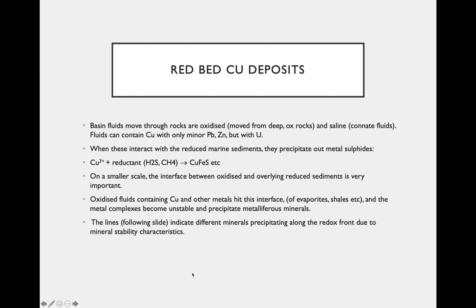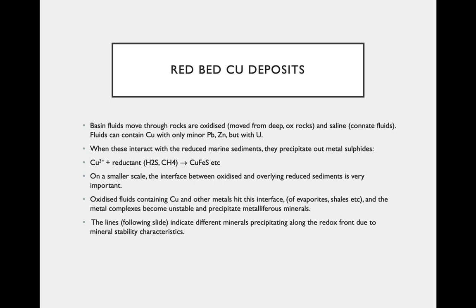So they move through the oxidized, deeper rocks, the red beds, things like that, and are saline, the connate fluids, and they contain copper with only limited lead, zinc, and uranium. And this relates to the lead and zinc having higher solubilities in oxidized fluids, and so they're less likely to be deposited out, but I'll get to them in a tick.